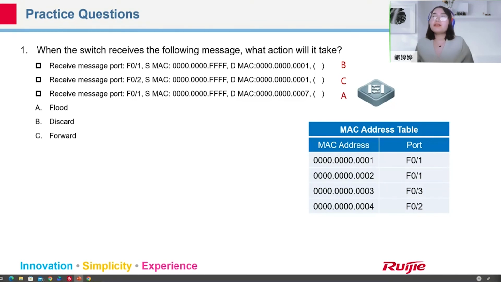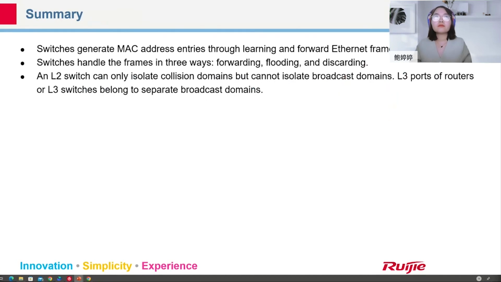So this answer is easy for you, right? About the switch, we talk about the principle of the switch. The main process we have to know is the first one, learning the MAC address table. The learning process is to add the source MAC address, combine it with the receiving interface, and add them into the MAC address table.